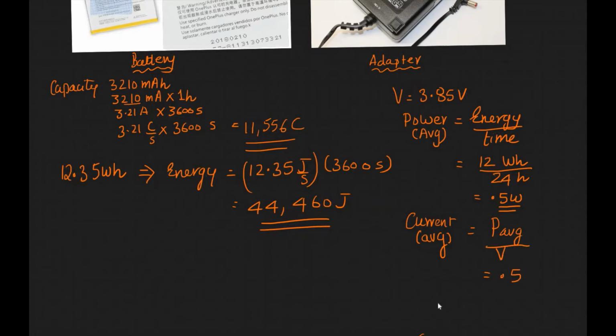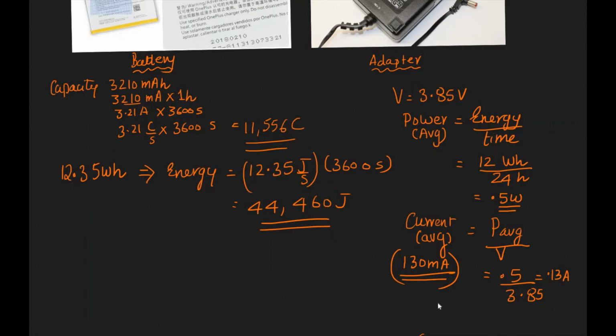That's 0.5 divided by 3.85, which is equal to 0.13 amperes, or about 130 milliamperes. So that's the average current that you're drawing.